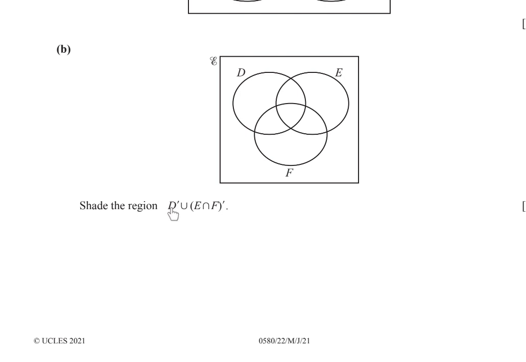So not D, shade all the region around D. So all this region around D. So this not D. Now union, so this means add for your shading.